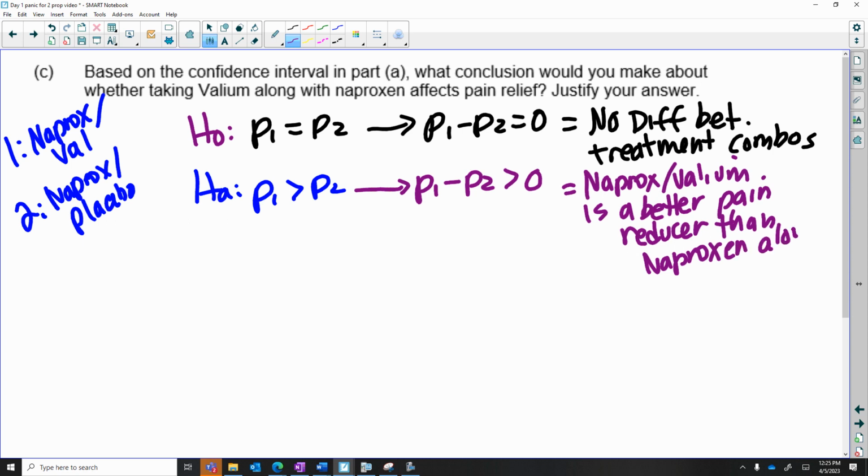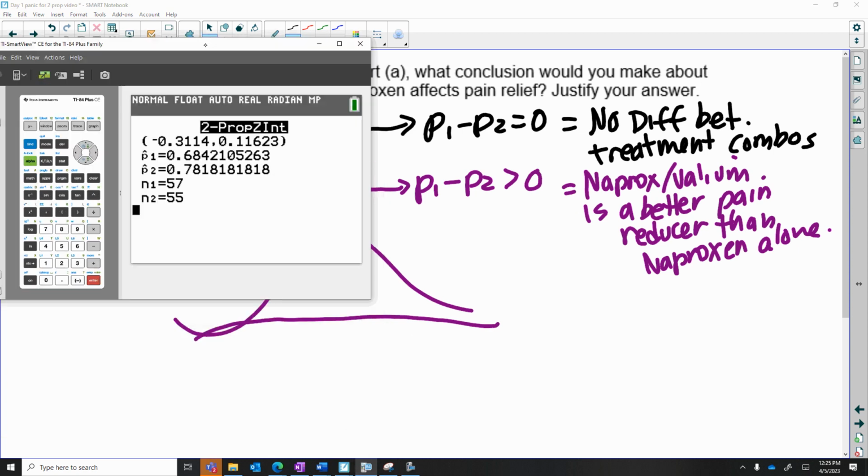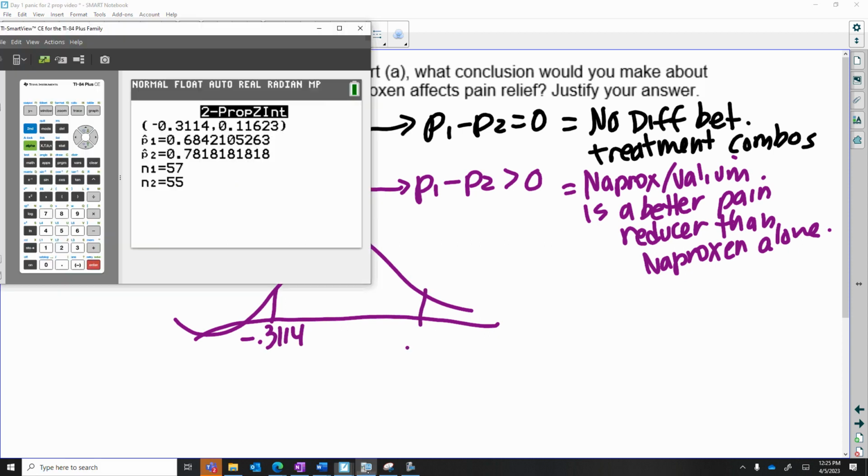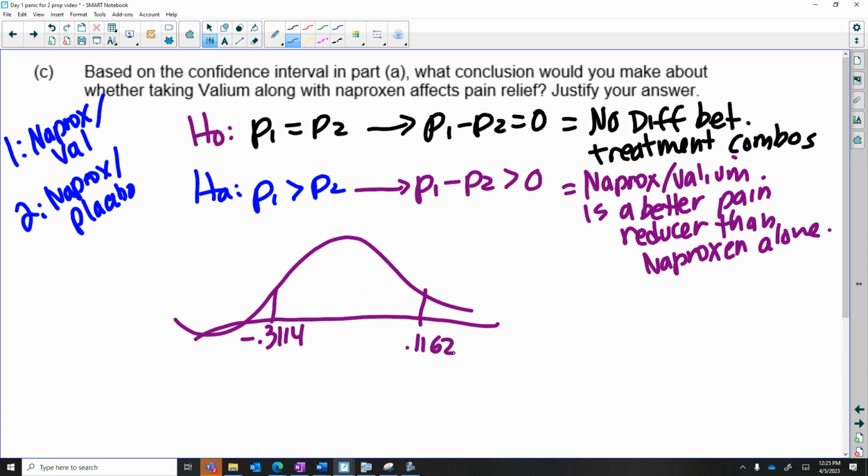So how can we connect it now to our interval? So our interval, if you recall, was negative to positive, negative 0.3114 to positive 0.1162. Okay, so that is a 99% level, right?